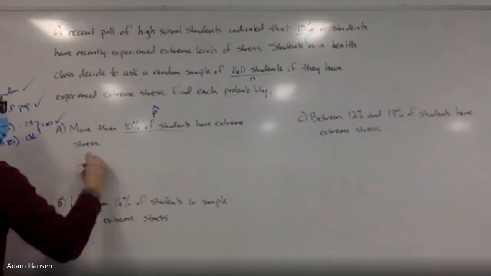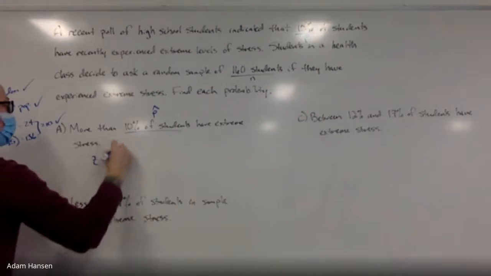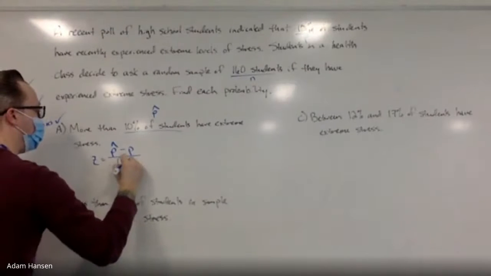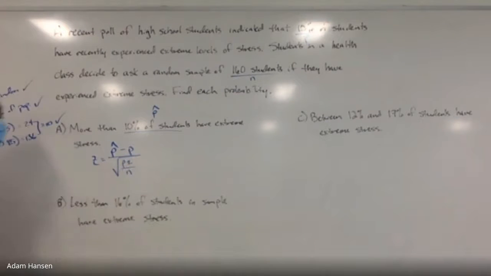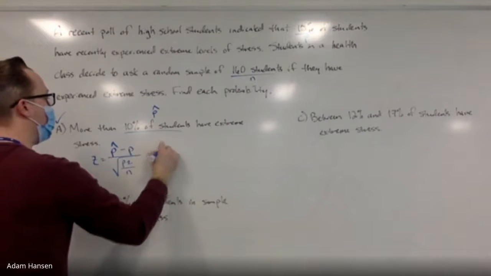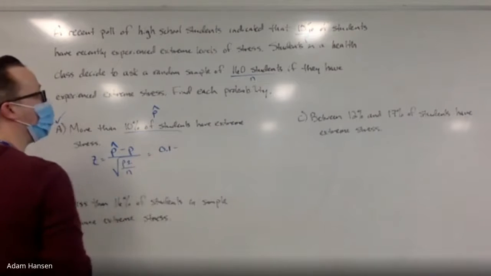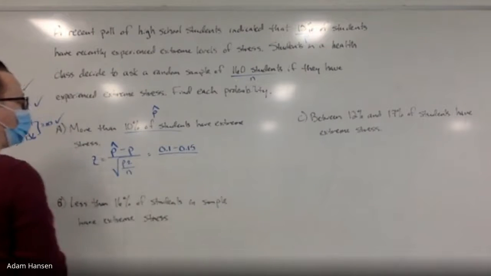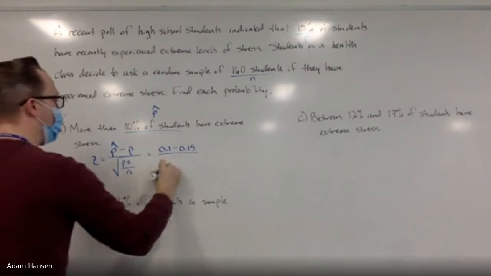Our z-score formula is the difference in our two proportions, p hat minus p, divided by the standard deviation, the square root of p times q over n. Let's see here, 0.1 minus 0.15 divided by the square root.